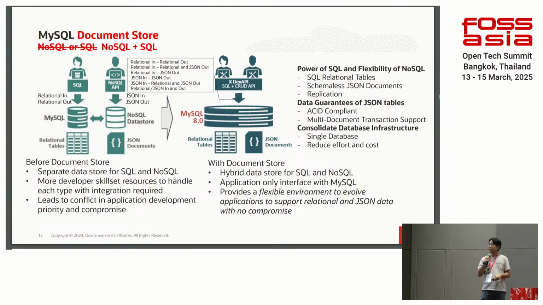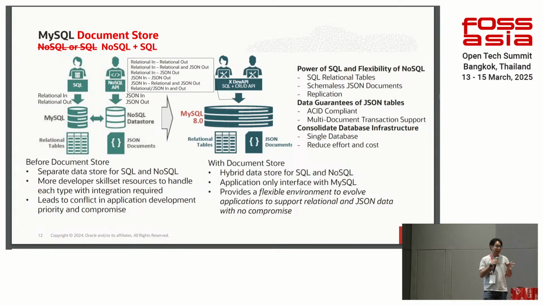And in this picture, this slide, before we had the document store, we needed to work with different database technologies. We had to work with the MySQL database, and we needed to work with another technology to support a NoSQL database.